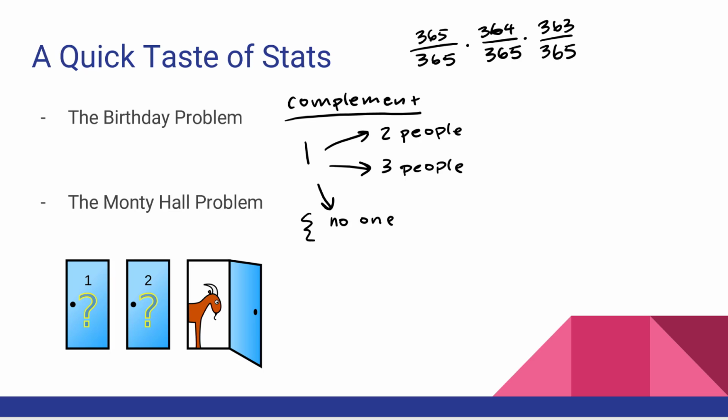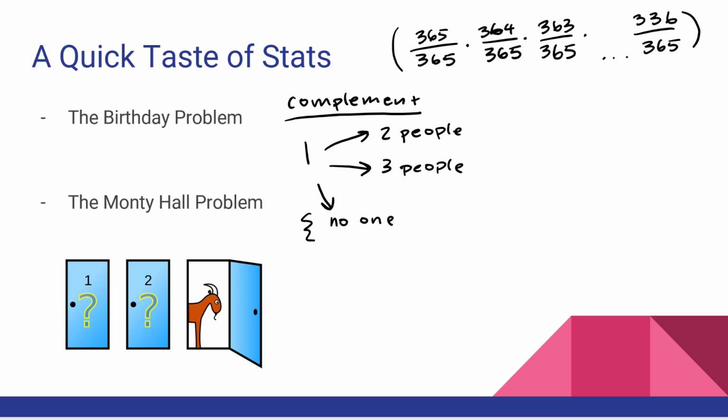And if we keep going like this for all 30 people in the classroom, we will end up multiplying 365 over 365 times 364 over 365, 363 over 365, all the way down to the last person, who will be 336 over 365. So if we multiply this 30-term expression together, we will get some probability between 0 and 1. And that probability is going to be the probability that no one has the same birthday.